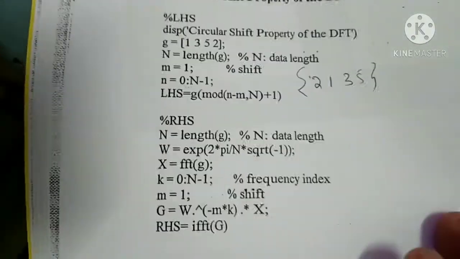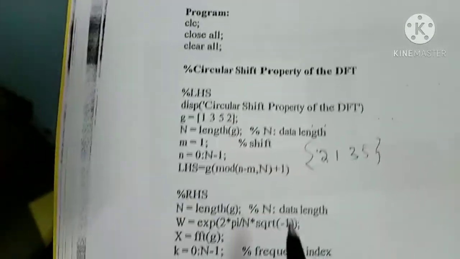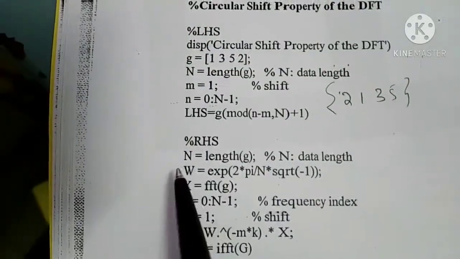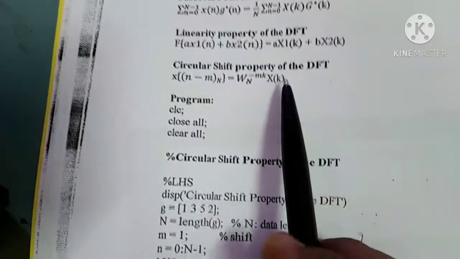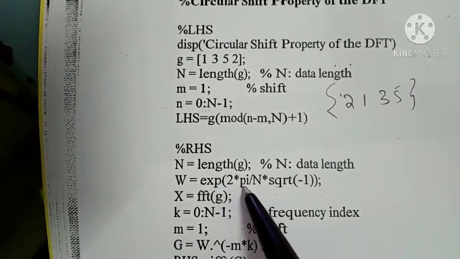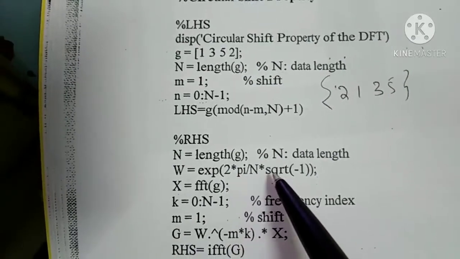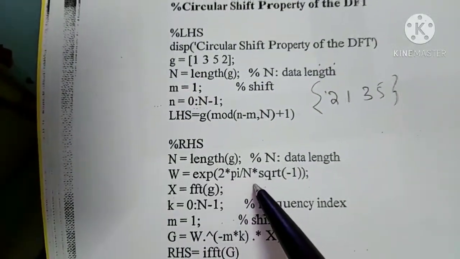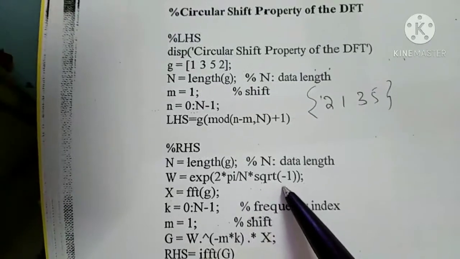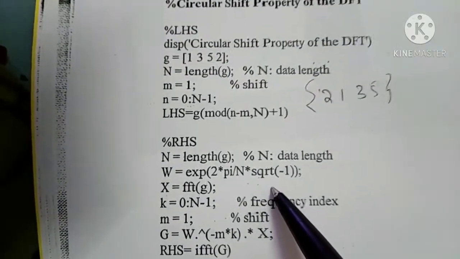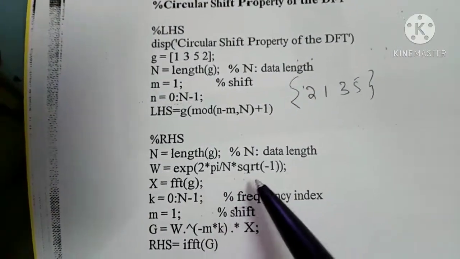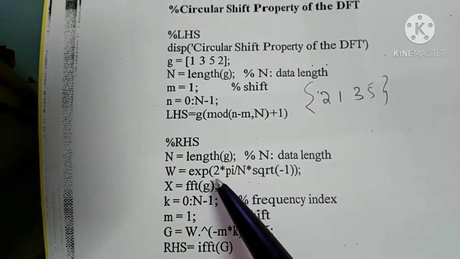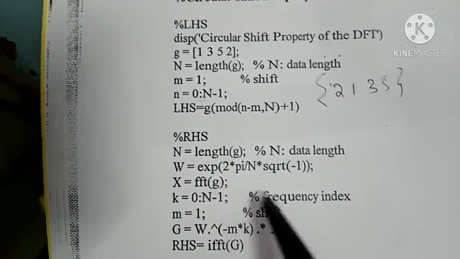Now let us prove the theorem. In order to prove it, I am taking omega. What is the omega value? Omega N to the power of minus k. Omega is given by e to the power of 2 pi by N times square root of minus 1, and square root of minus 1 is j. So e to the power of j 2 pi by N, that is omega.